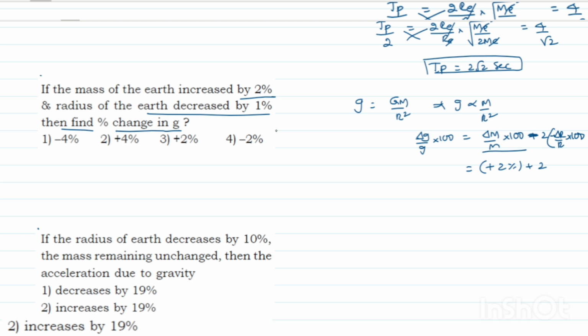So minus 2 into minus 1% gives plus 2%, and plus 2% from the mass gives the total of 4%. So the percentage change is that g is going to increase by 4%.